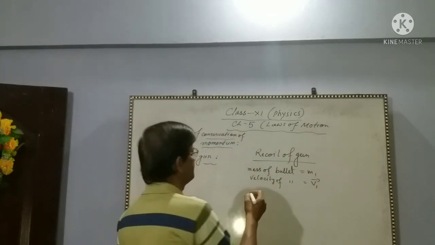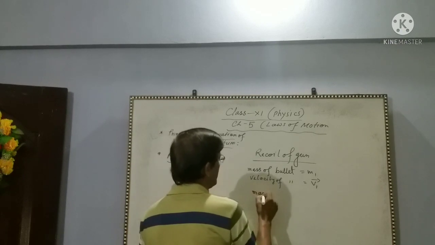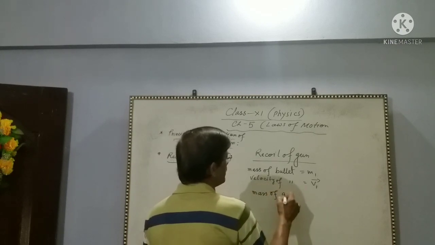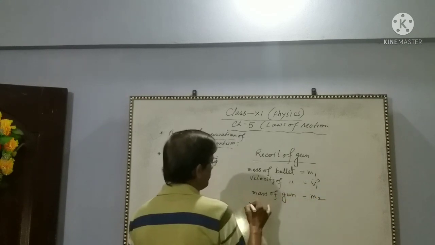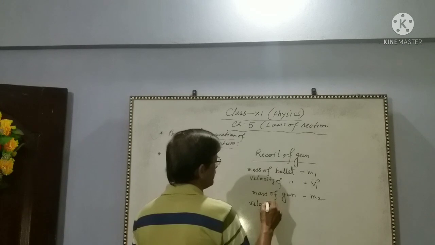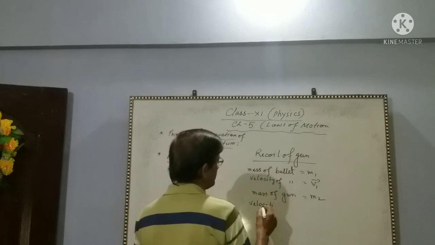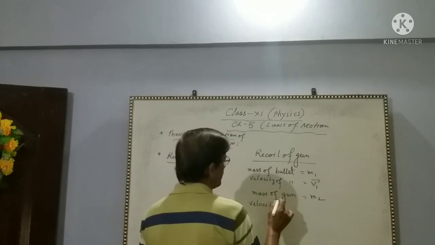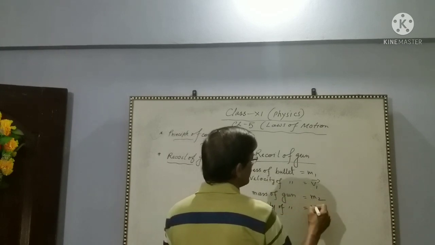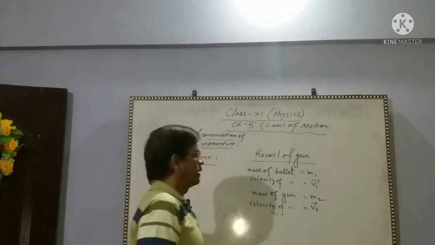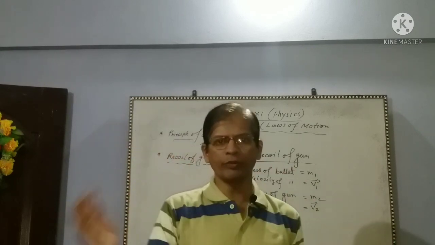Then for the gun, the mass of the gun is m2 and the velocity of the gun is v2. This is after firing.